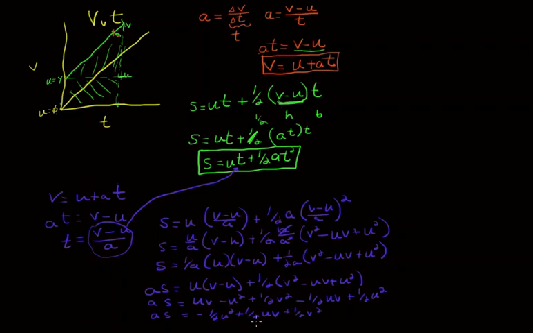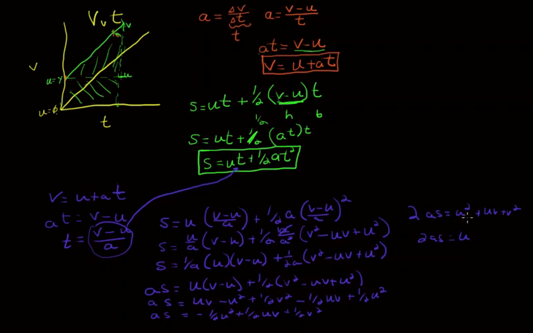If I got that right. Let's see. Yep, I've got that right. Now then, because I've got the halves on all of these, I can move it to the other side. 2as equals u squared plus uv plus v squared. Guess what? 2as equals u. I'm supposed to get that right.